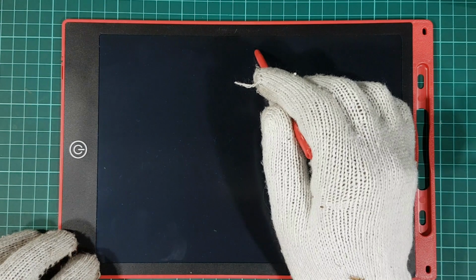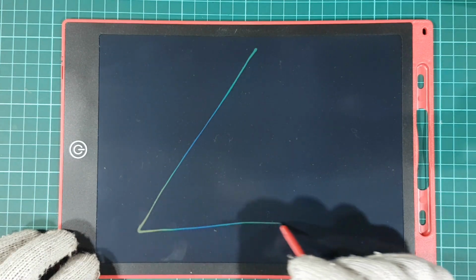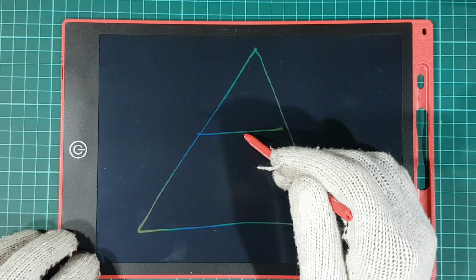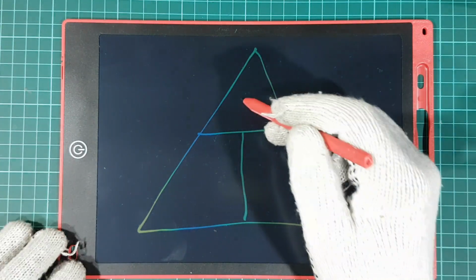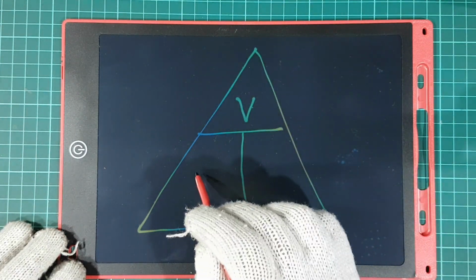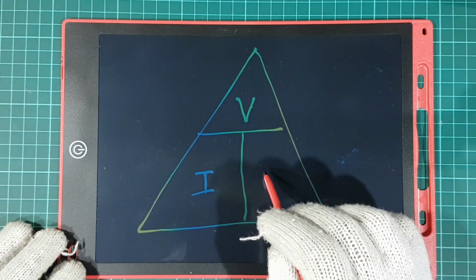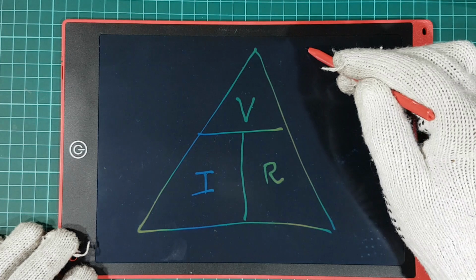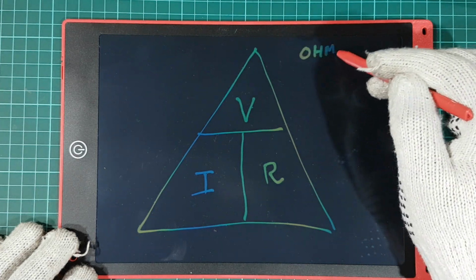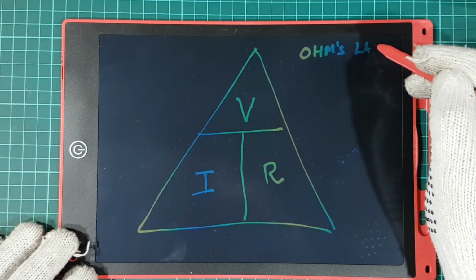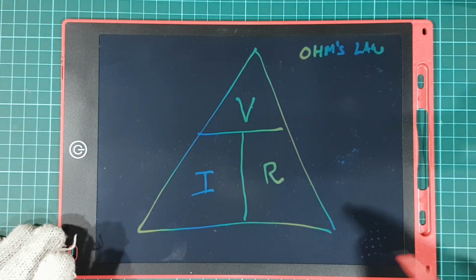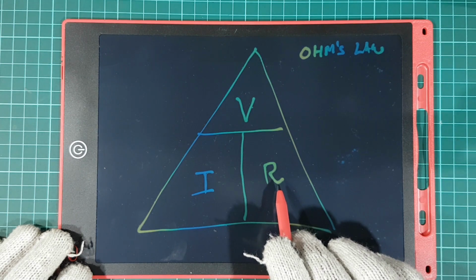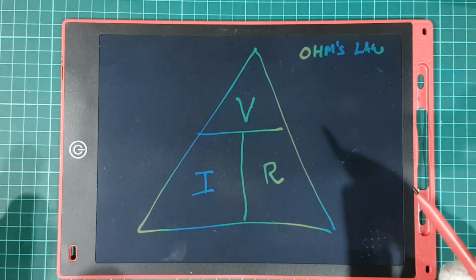In the first video I put out some formulas. If you had electronics you would know how it works. However, if you are not, you will say, what the heck? So this is basically Ohm's law. That's what they call it. So that's volts, amps and resistance. Voltage, current and resistance.